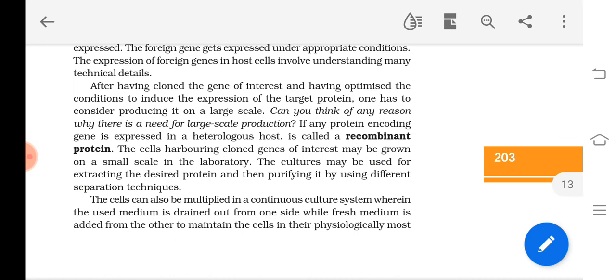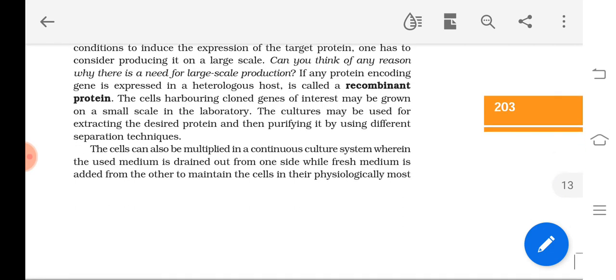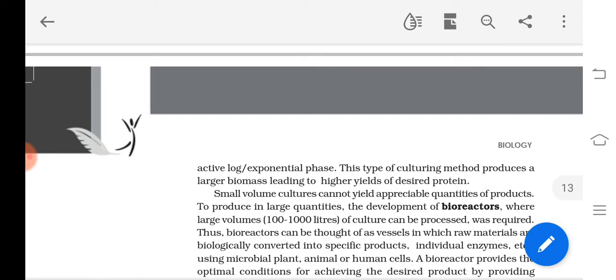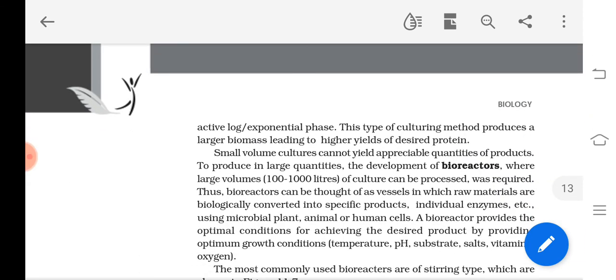And this can be used for extracting the desired proteins by using different separation techniques.